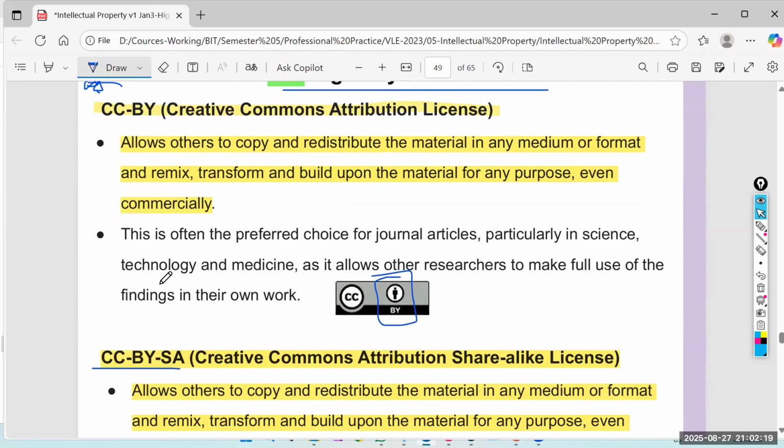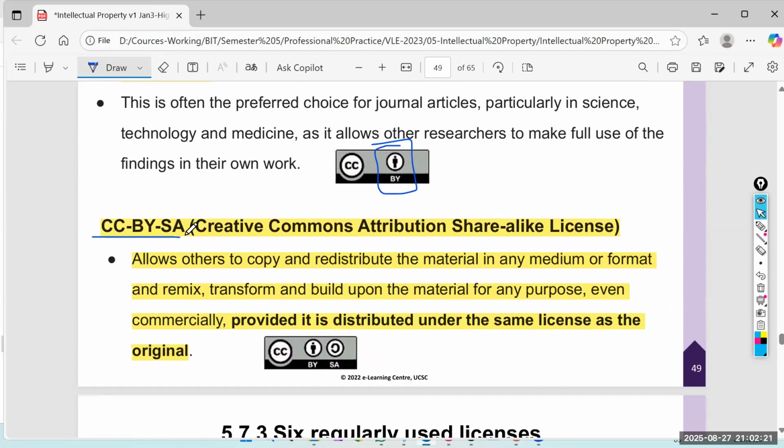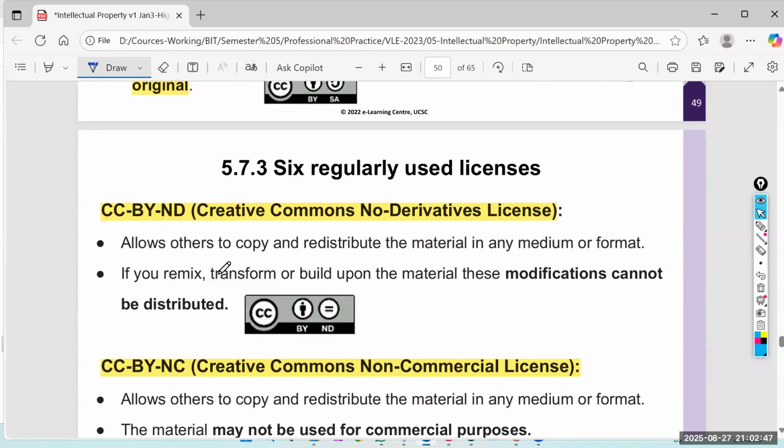Earlier also we had BY, now we have SA also. CC means Creative Commons, attribution and share alike. That means you need to attribute me whenever you use my content. At the same time, you can't restrict the license if you derive it from my content. The same license must be used.